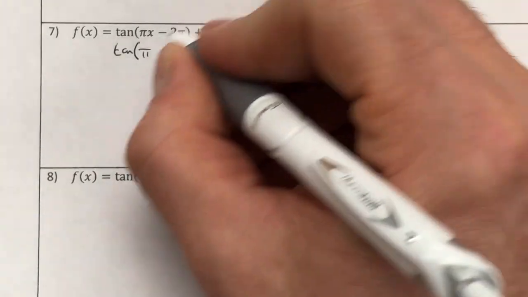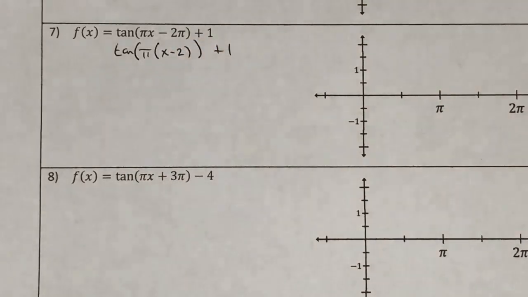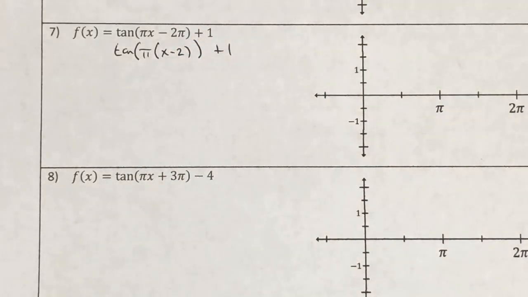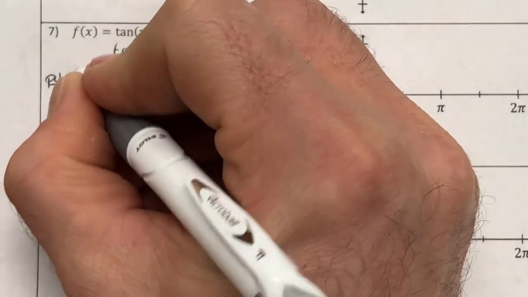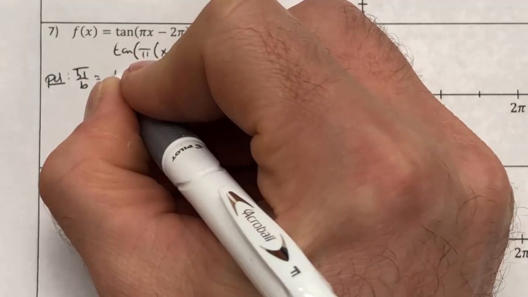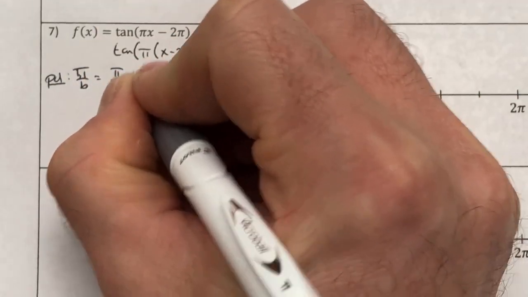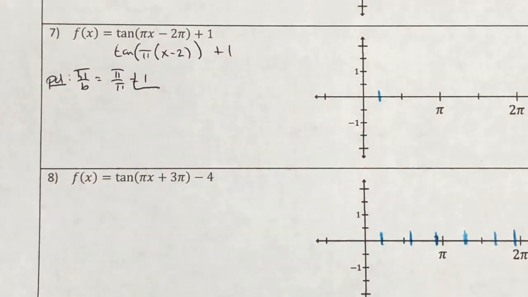So if I factor out a pi, I'll get x minus 2, which tells me most of what I need to know. Tells me my period is going to be pi over b, which in this case my b is going to be pi, so pi over pi is 1. I repeat myself every one value.